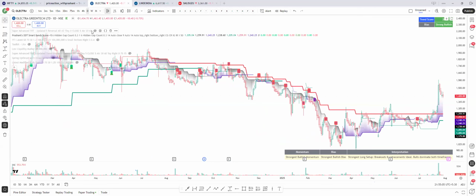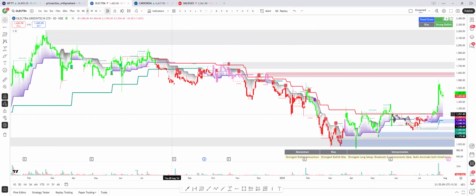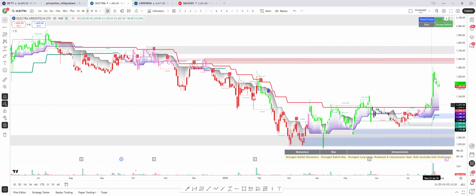So, what does Electra Green show us? The trend is up. This was the early uptrend. This is the second green. So, after this, price closed above the red line, and now it went up rapidly. Now it is consolidating.